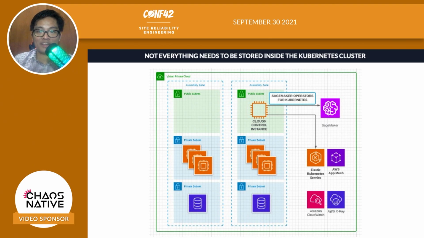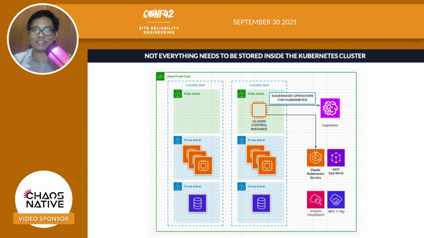And you also have AppMesh, you have X-Ray, you have CloudWatch. So if you have logs, yeah, you can use CloudWatch to store those logs and help us analyze the logs there. The same way, instead of storing the data inside Kubernetes, inside databases there, maybe we can use an RDS instance outside of the cluster, so that at least you can deal with the managed advantages, the pros of using RDS, which is outside of your Kubernetes cluster.